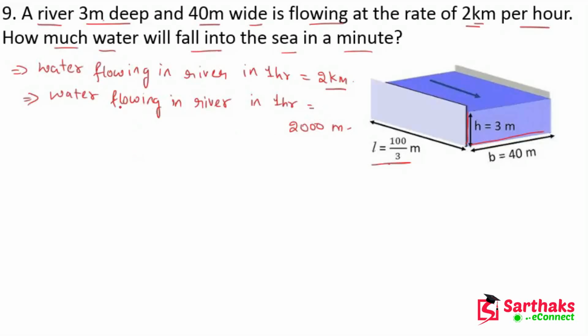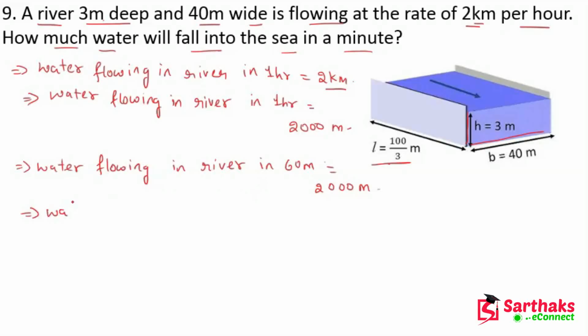Now, water flowing in the river in 60 minutes is equal to 2000 meter. Now we have to find for 1 minute.